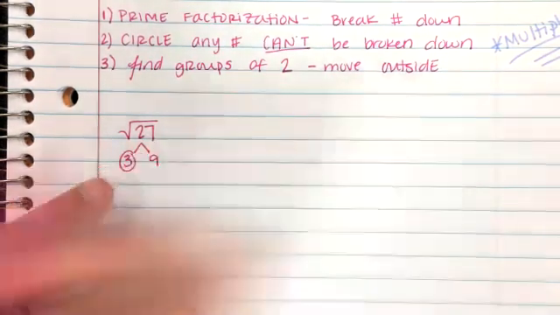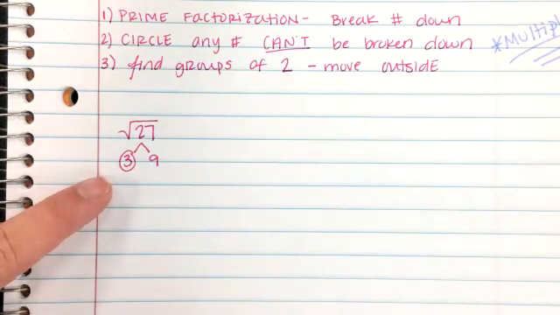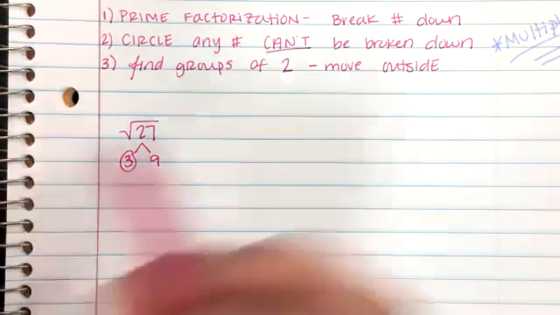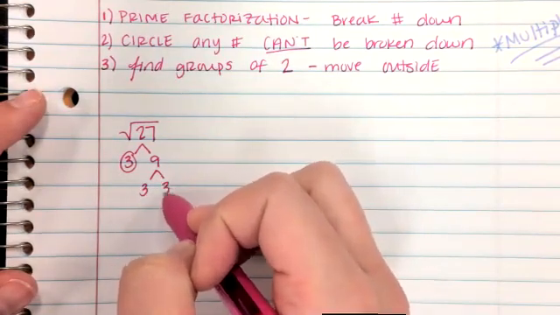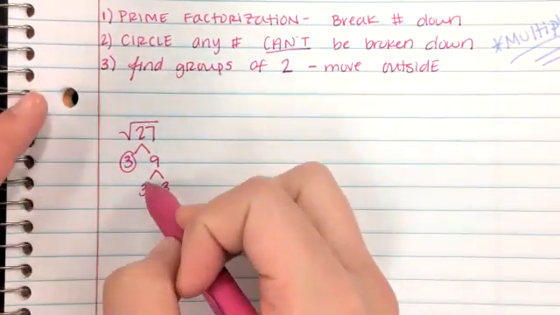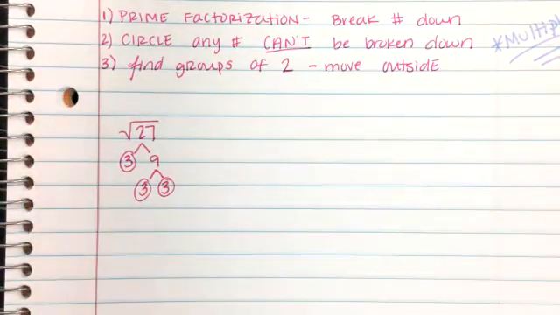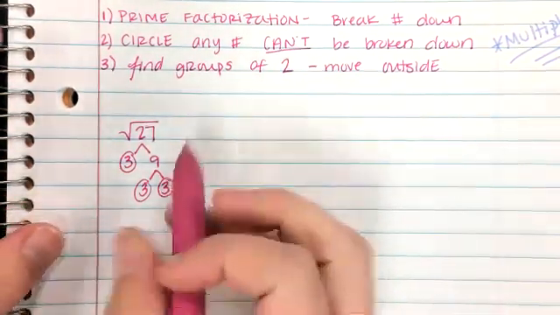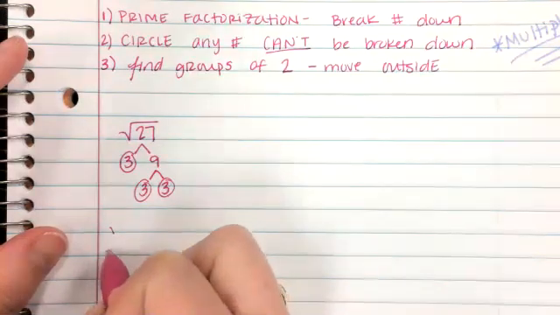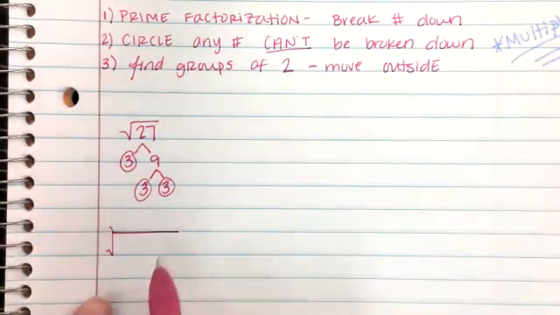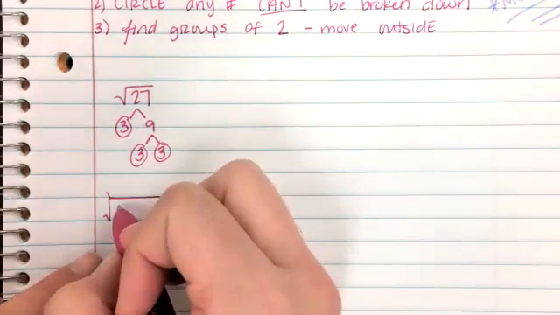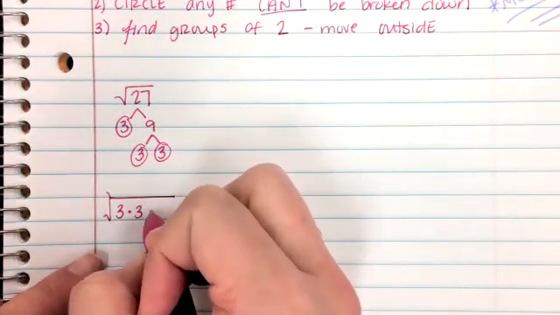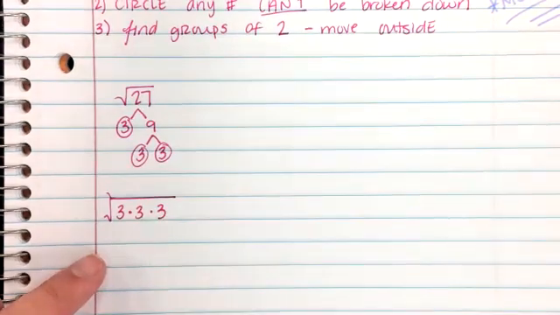Nope, so I'm going to circle it, highlight it, box it, use a colored pencil. What can 9 break down into? 3 and 3. Can those 3s break down? So I circle them. So now I'm going to make a new radical. And inside goes everything that is circled. So I have 3 times 3 times 3.